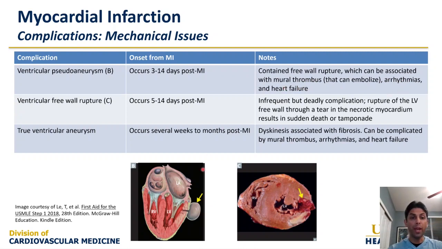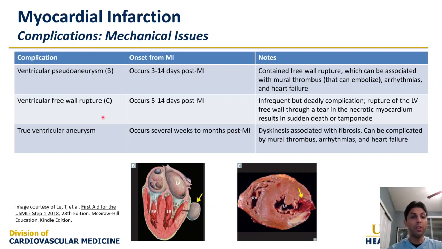A ventricular pseudoaneurysm is shown in this figure, where we have full-thickness rupture of the left ventricular free wall, but the issue is that the blood is contained within the pericardium. The reason the blood does not extend throughout the entire pericardium is that frequently with a pseudoaneurysm, it's lined by thrombus to limit the extent of the bleed.